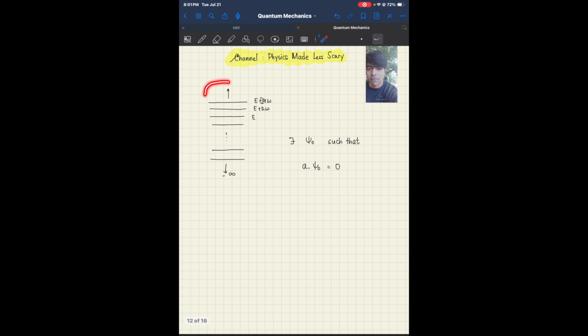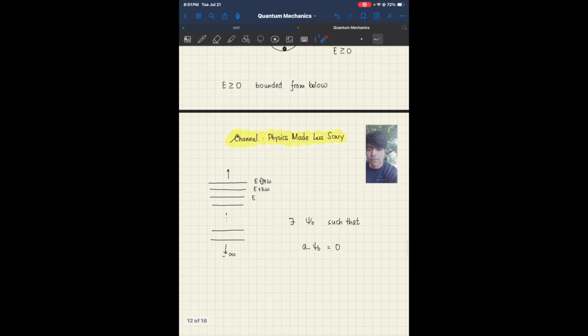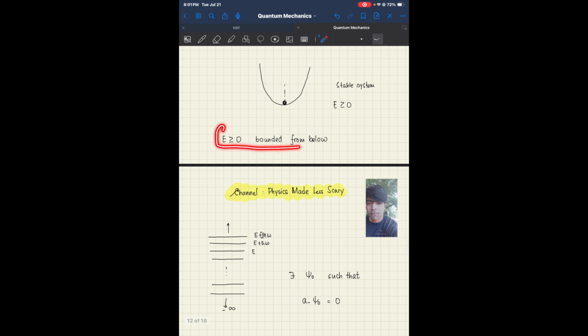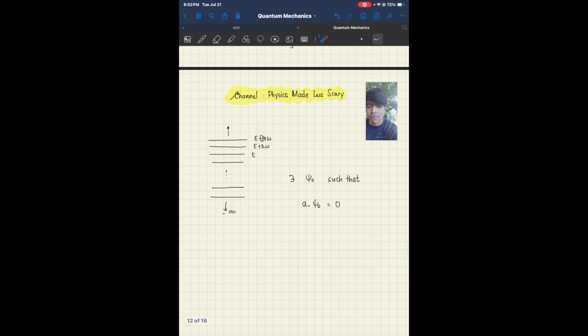But in this ladder, apparently it seemed that I can really play this game and keep going forever, right? But that has to stop somewhere. That is precisely the hallmark of a stable system. Which means there must exist some eigenfunction psi naught, such that if you wanted to play this game again, in other words, if you wanted to act A minus again, you would get simply 0.